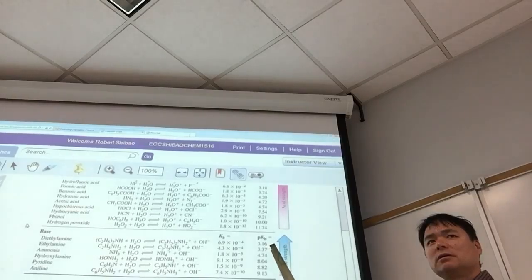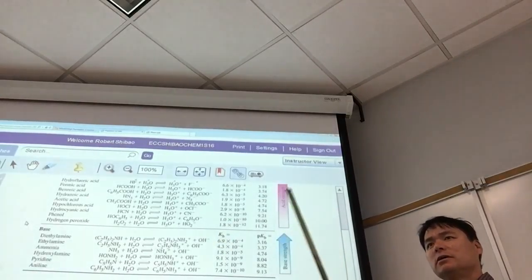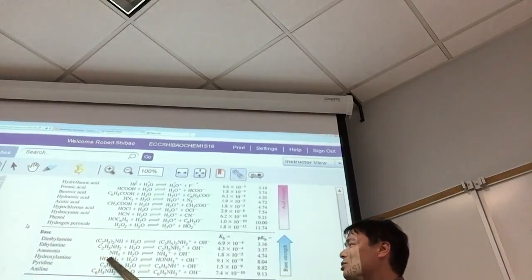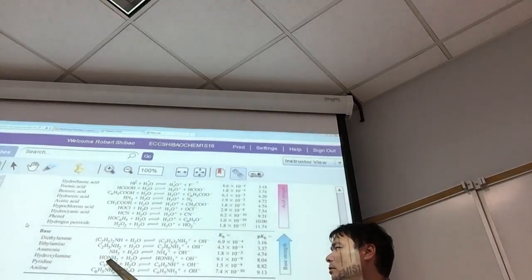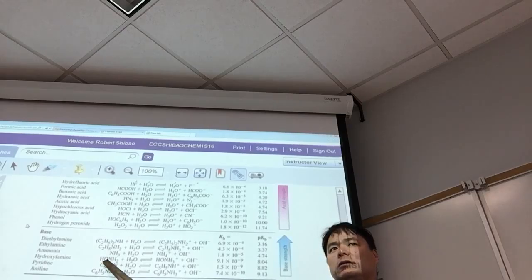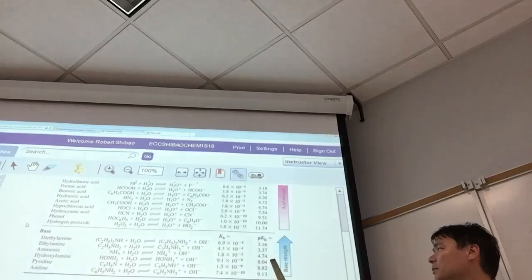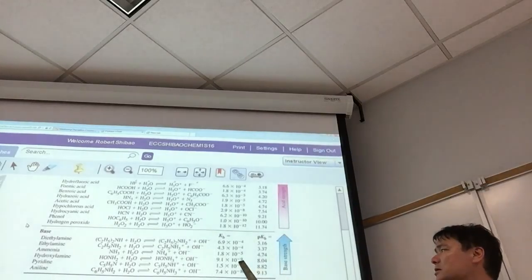So pKb goes down, which means the Kb goes up. If we put an OH group on the amine or the ammonia, well, OH is an electron withdrawing group that sucks electron density out, and so that makes it less basic. And so the pKb goes up, which means the Kb goes down. You can see it here.